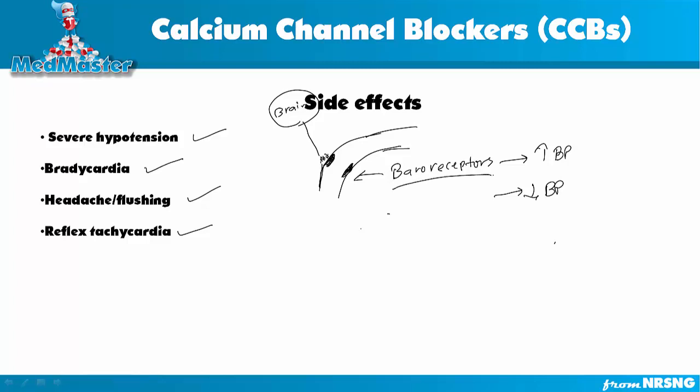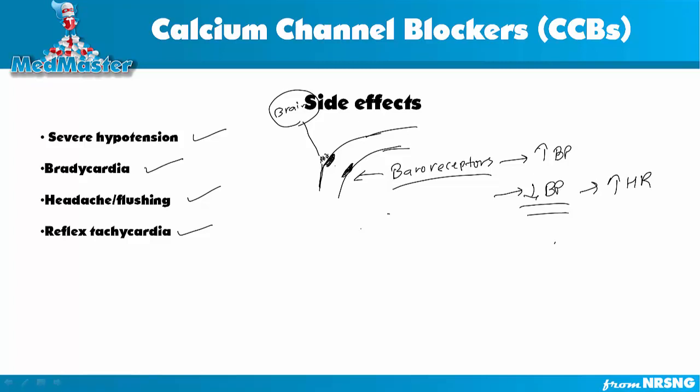So what the baroreceptor detects is the increase and decrease in blood pressure, and it sends signals to the brain. When there is a decrease in blood pressure, it sends signals to the brain and says, hey, we have a decrease in blood pressure, we're not getting enough blood, the heart needs to pump faster in order to supply more blood. So if there is a decrease in blood pressure, heart rate will go up.